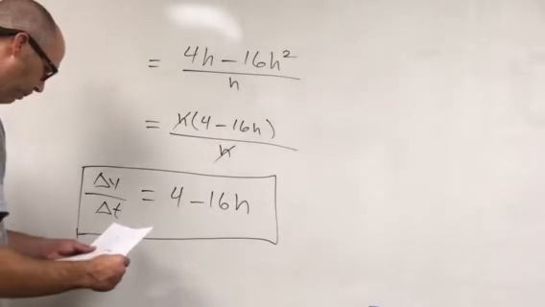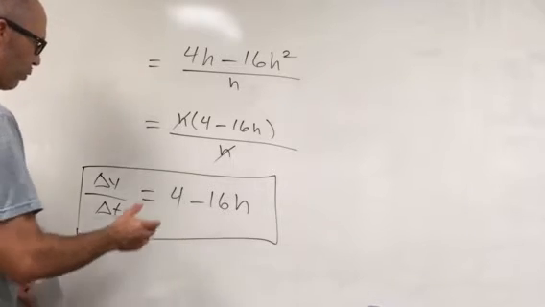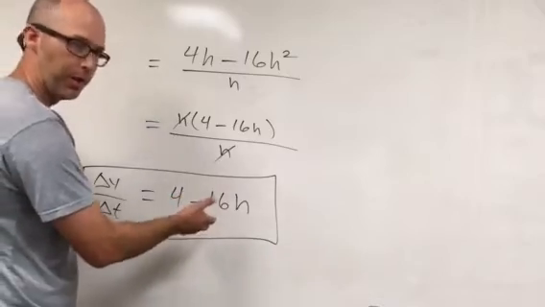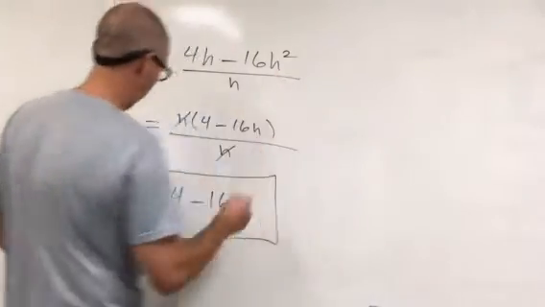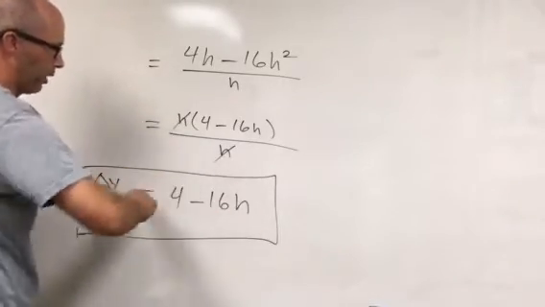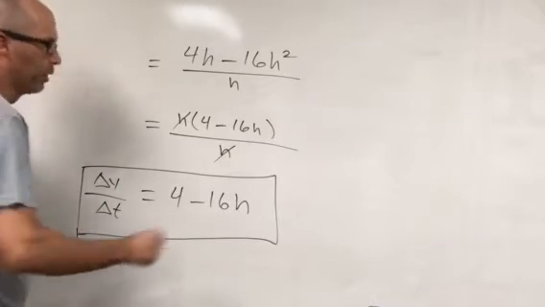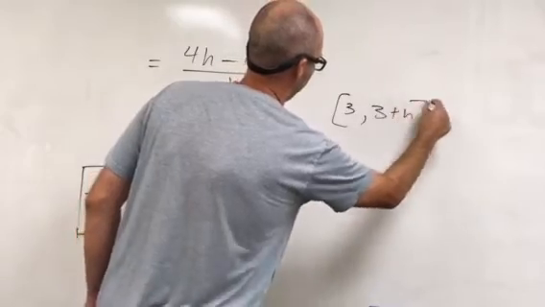Now we want to shrink it down. What h do we need to use to shrink it down to a single point? Remember that we found this calculation, the change in y over the change in t, the average rate of change over the interval 3 plus h.